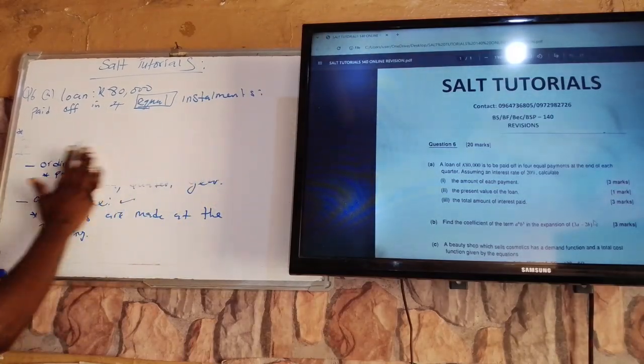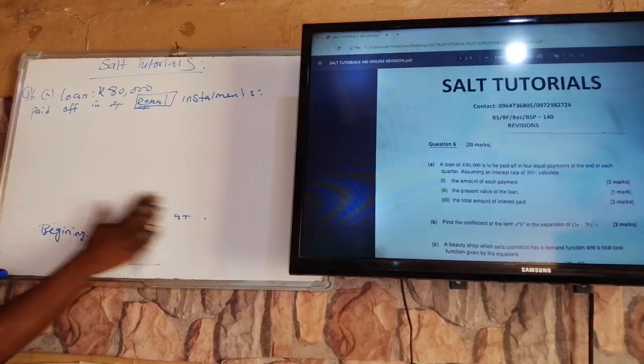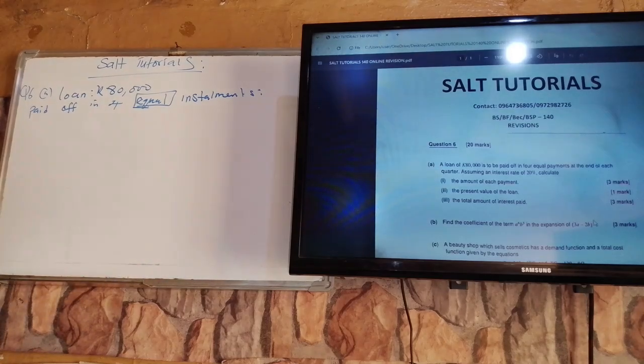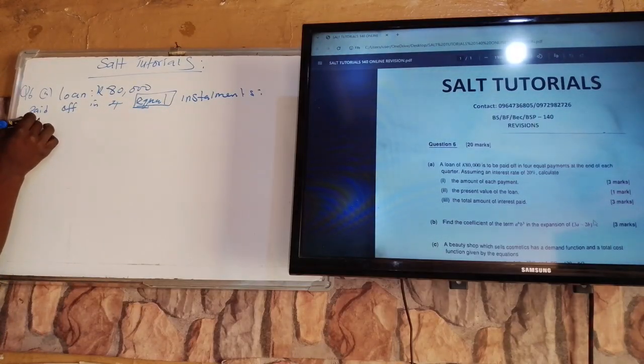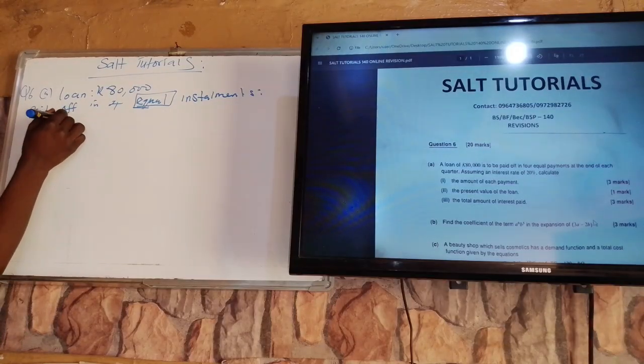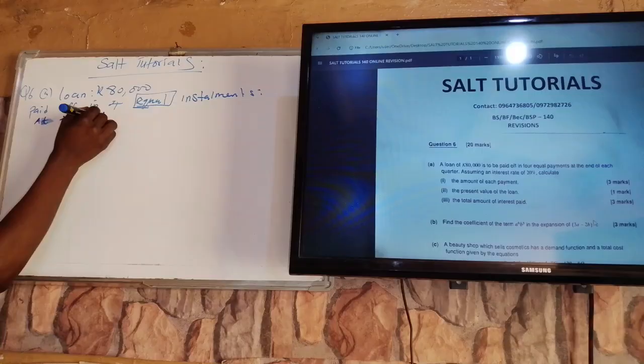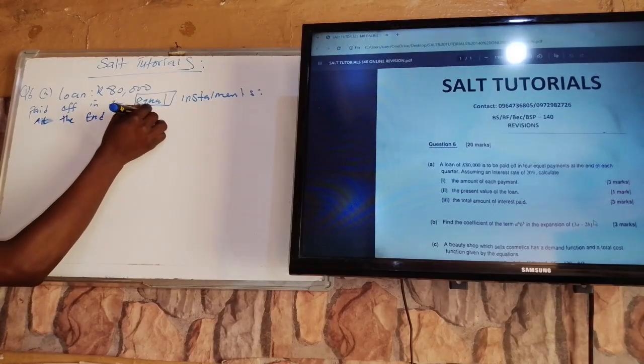So we are being told that a loan of 80,000 kwacha is paid off in 4 equal installments at the end of each quarter. So these equal installments are paid at the end of each quarter.